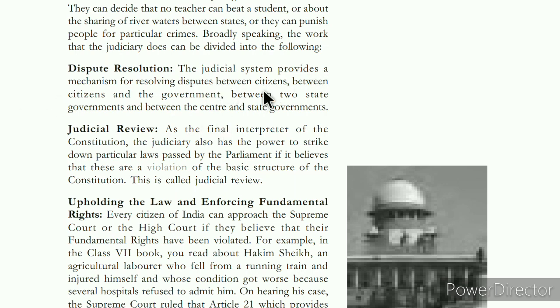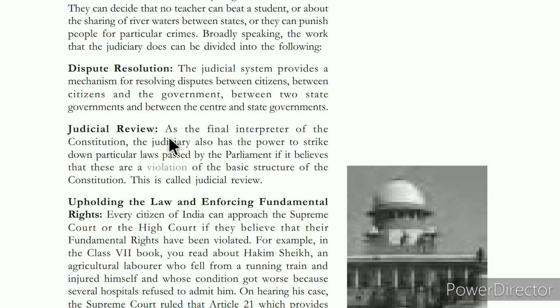If there is a problem between citizens, this is also looked after by the judicial system, and even between citizen and the government. What is a dispute between citizen and government? If the government is applying new rules or new laws and people are protesting against it, that is called a dispute. Similarly between two states, and between center and state governments.